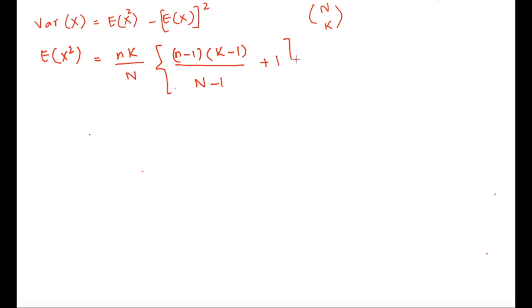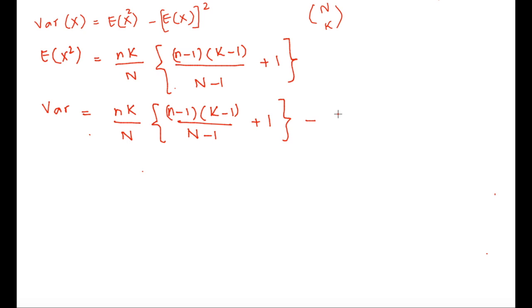Okay. Now the variance is given by this. So I will write variance. This is equal to nk over n times (n minus 1)(k minus 1) over n minus 1 plus 1, minus n squared k squared over n squared.